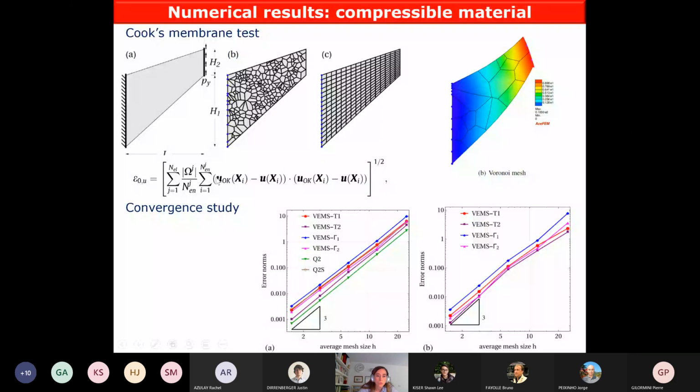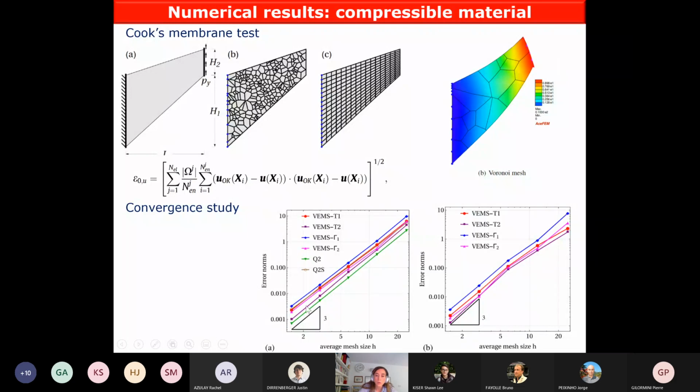The idea is to consider all over the domain the difference between the actual displacement obtained with the virtual element solution and the displacement obtained with an overkill finite element solution, that is an extremely fine finite element mesh.